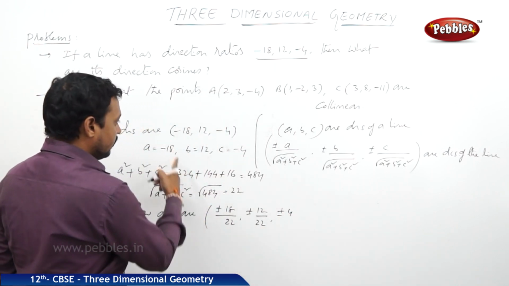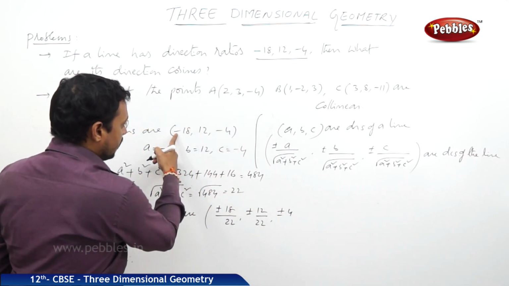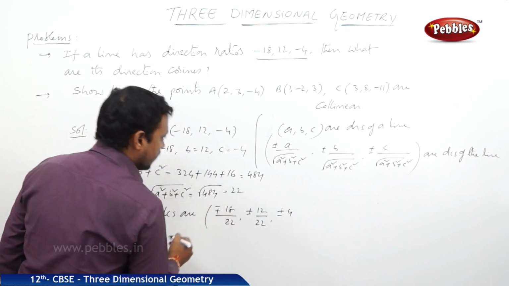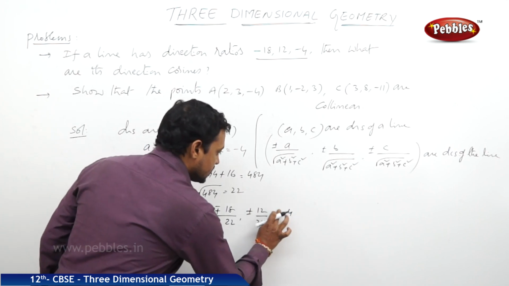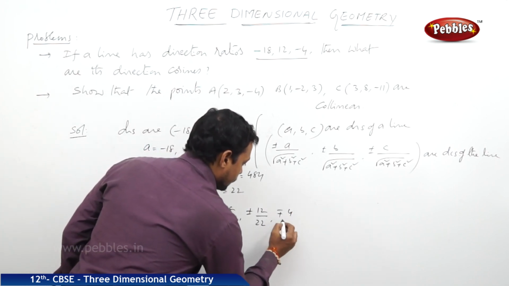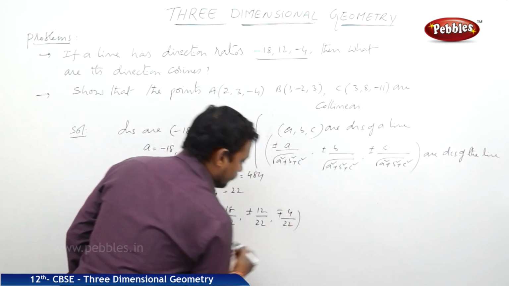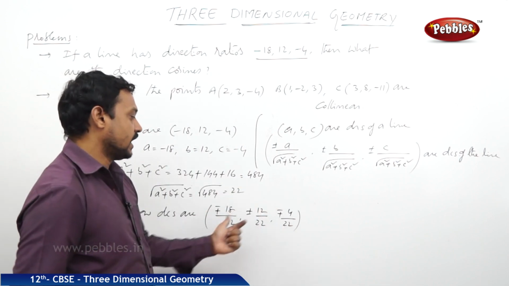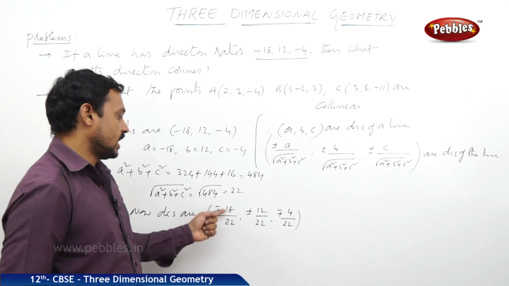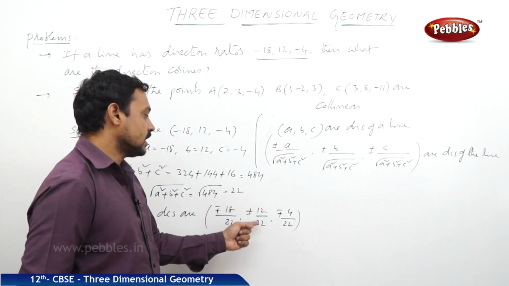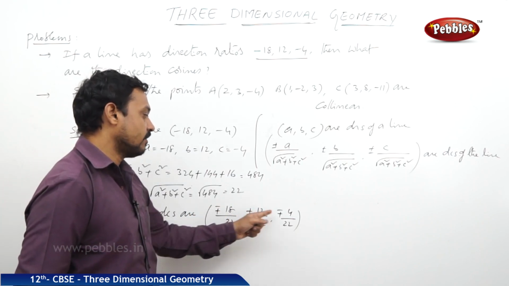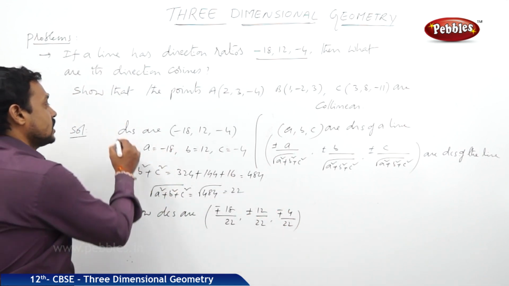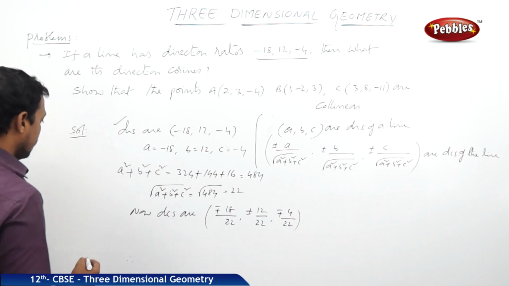Actually, when multiplying plus or minus into minus 18, it becomes minus or plus. It is minus or plus, plus or minus, and this is also minus or plus by 22. So finally simplify them. So 2 gets cancelled. It is minus or plus 9 by 11, plus or minus 6 by 11, minus or plus 2 by 11. Now they are the direction cosines when the DRs are given. Next one.